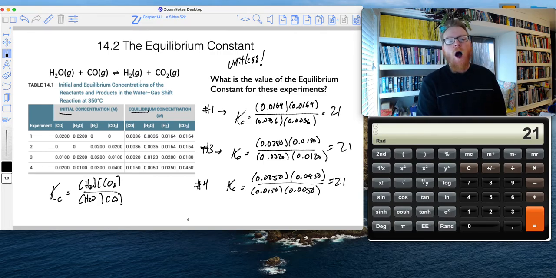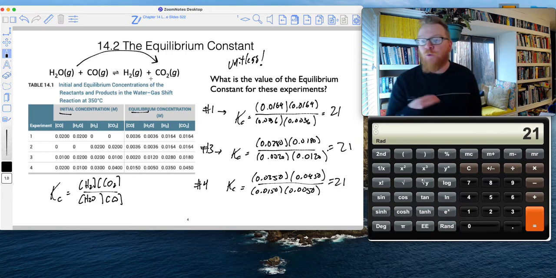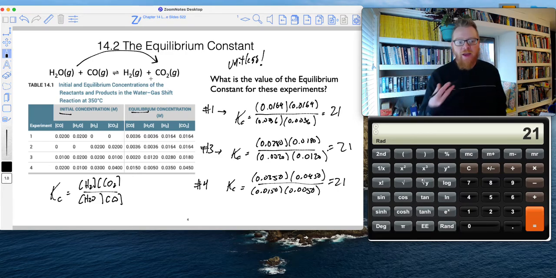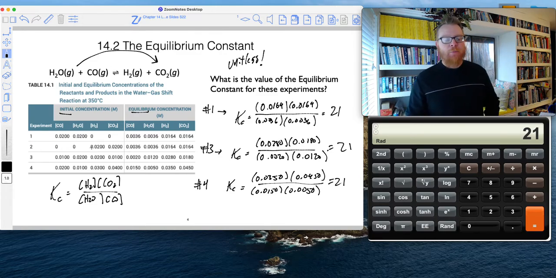So for this water-gas shift reaction, we would say the equilibrium position is on the right, okay? So if we have any amount of H2O and CO, as you can see right here, it doesn't matter how much H2O and CO we start with.